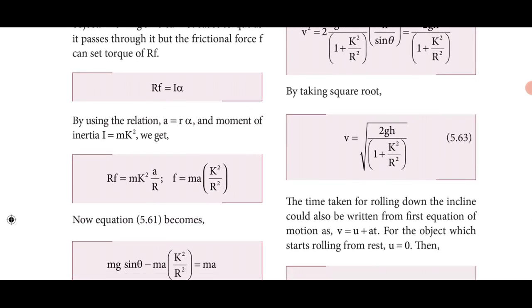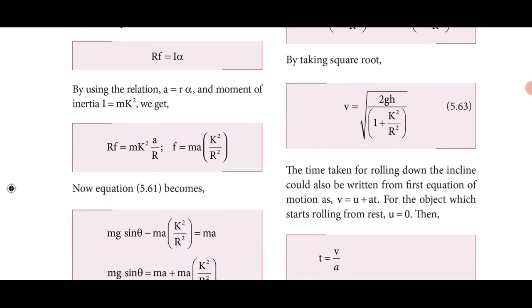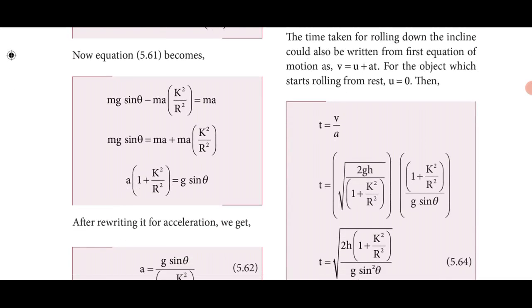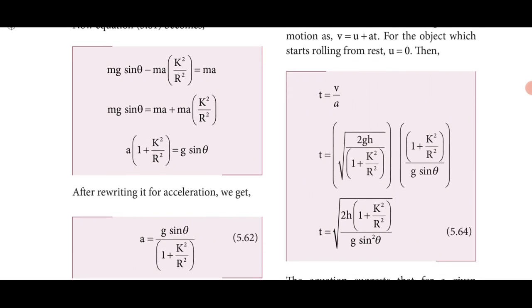Using the relation a is equal to R alpha, and the moment of inertia I is equal to mk square, we get RF is equal to mk square a by R, and then the force F is equal to ma into k square by r square. Now we write the equation mg sin theta minus ma k square by r square is equal to ma. So mg sin theta is equal to ma plus ma into k square by r square.